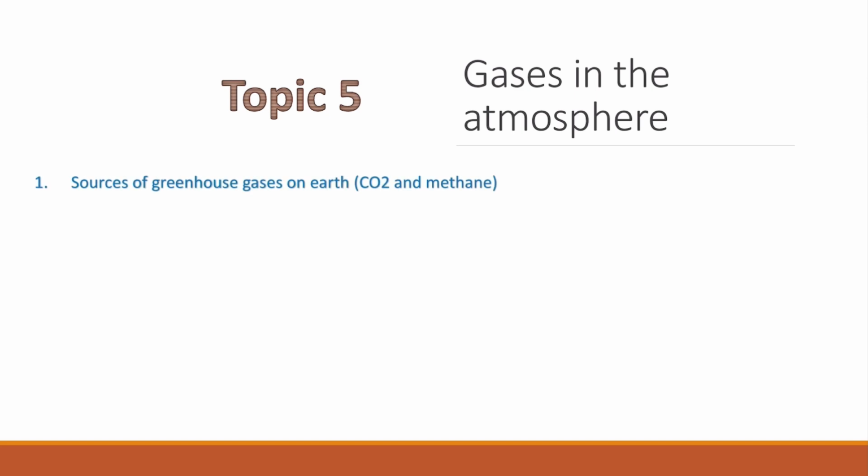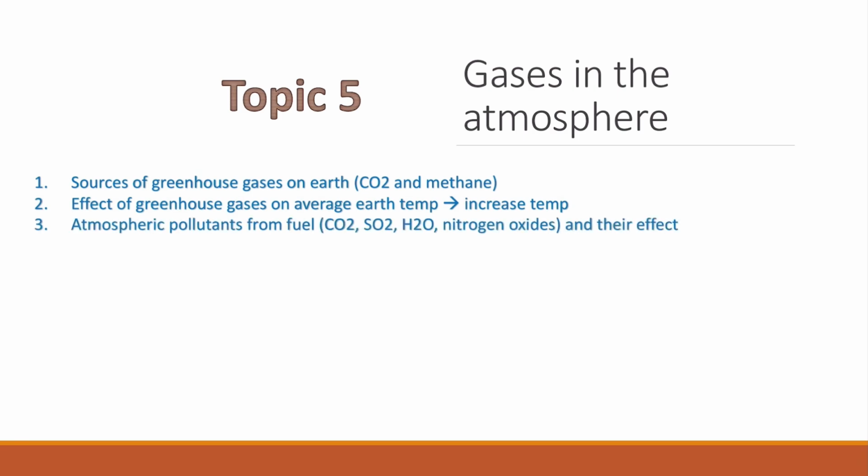Gases in the atmosphere. You should know the sources of the greenhouse gases on Earth, which are carbon dioxide and methane. You should know the effect of greenhouse gases on the average Earth temperature, which causes an increase in the temperature and climate change. You should identify the different atmospheric pollutants from fuel.